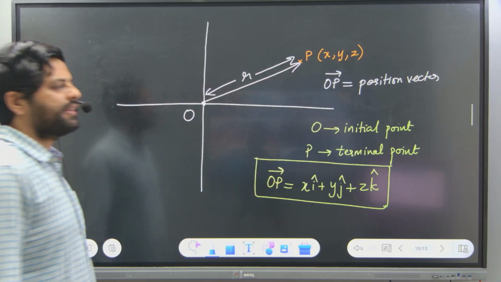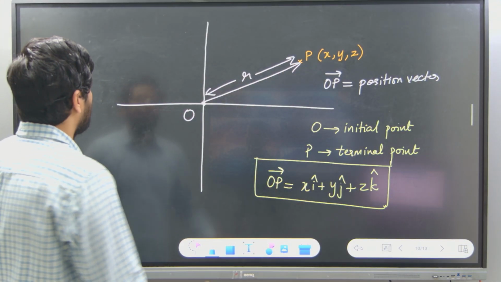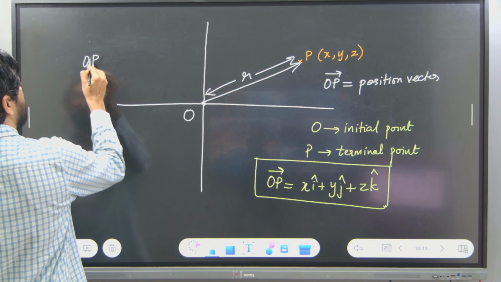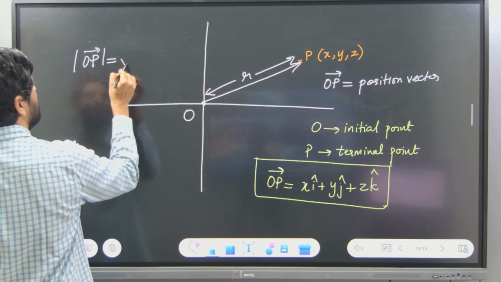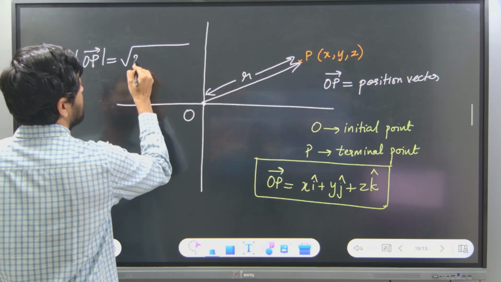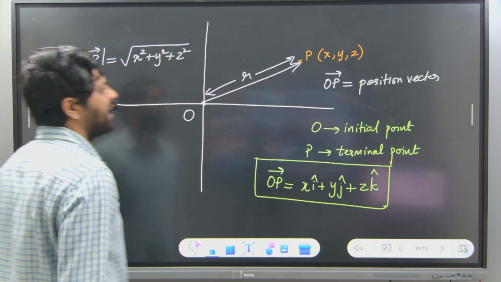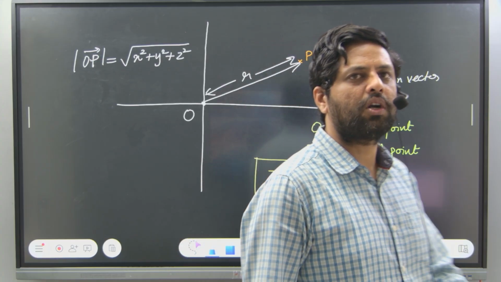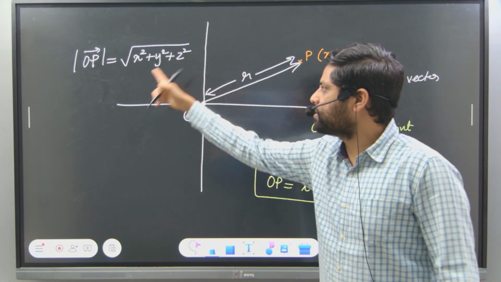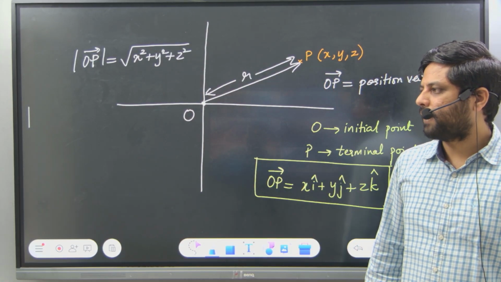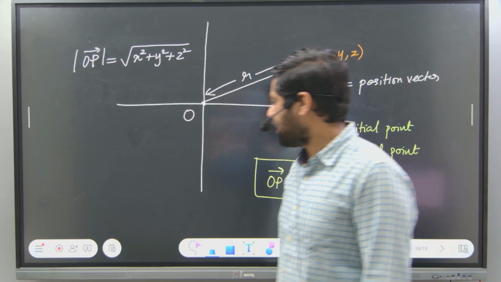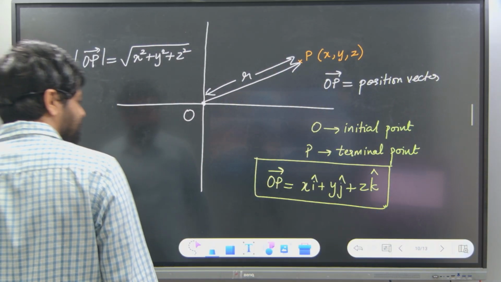How do we find the magnitude? Magnitude of OP vector will be given by the square root of x square plus y square plus z square. Magnitude is nothing but the length of that particular vector.